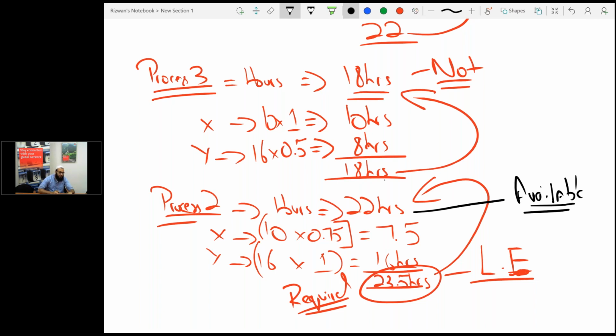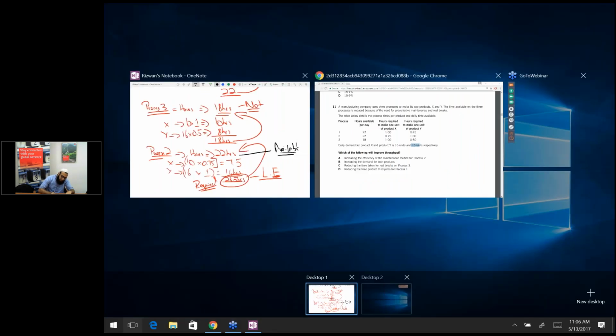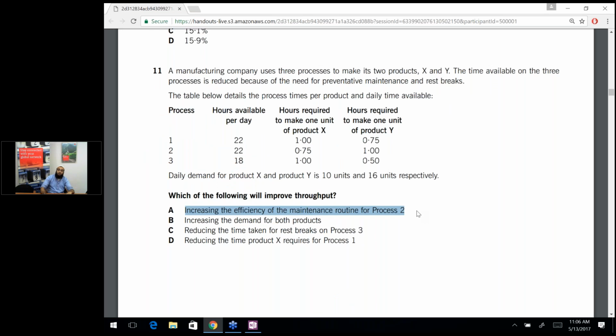Increase the efficiency of maintenance routine for process 2, because we cannot afford to stop process 2 because this is the limiting factor. Just recall that day example. Anything which is not a limiting factor, which is process 1 and process 3, we can take rest on process 3.